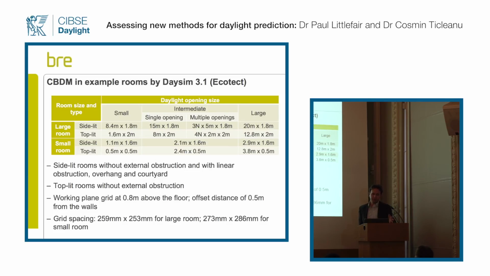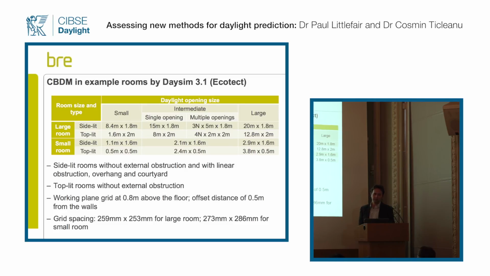We considered, for these calculations, 3 sizes of glazed area. So we had small glazed area, intermediate, and large. And for intermediate glazed area, we had, again, 2 subsets, say, single opening and multiple openings for the large rooms only.